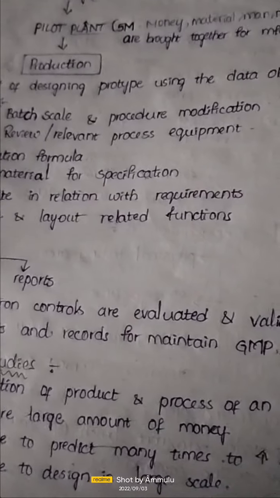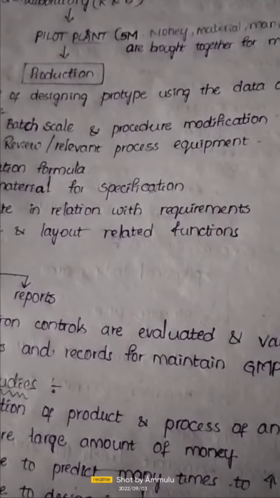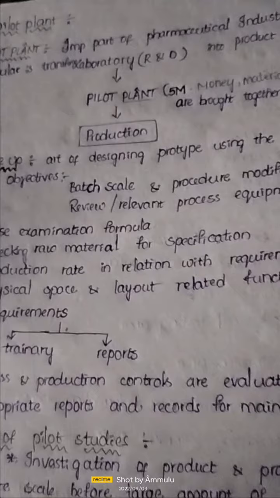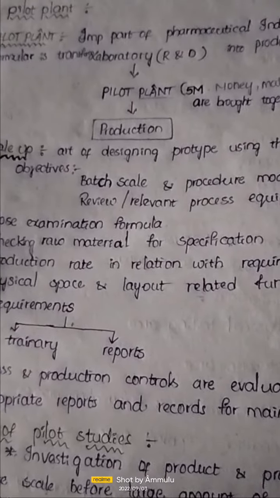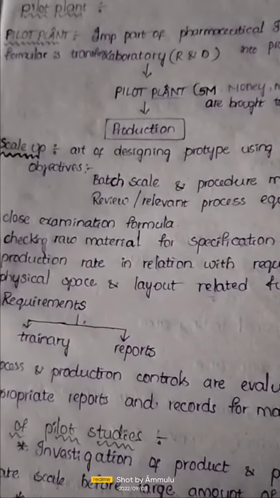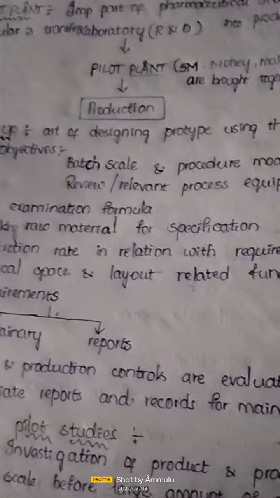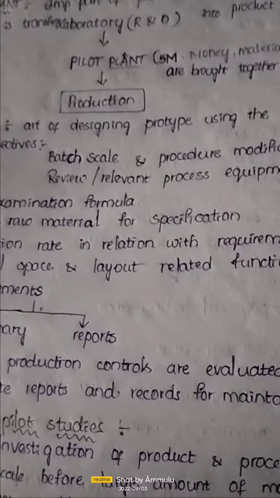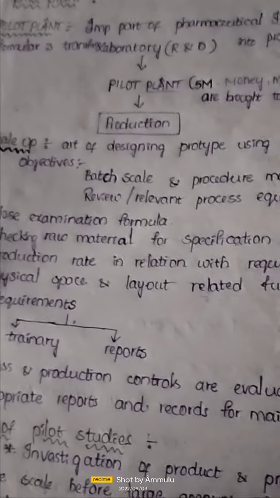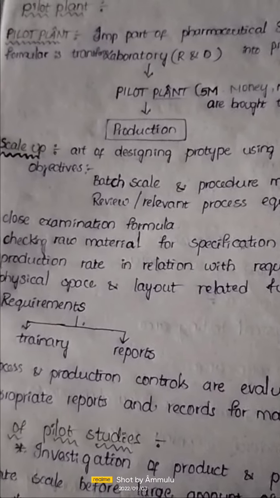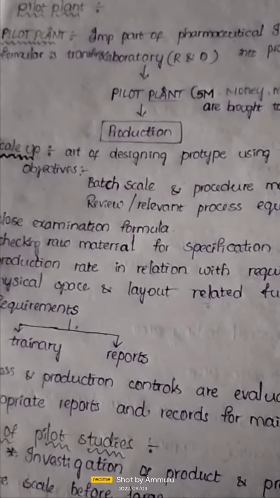We have to investigate the product: what is the chemical history, what is the pharmacological history, what is the pharmacognosy of the drug to be produced, what will be the therapeutic action of the drug. They all will be segregated into a record. So that's why the pilot plant studies are needed.